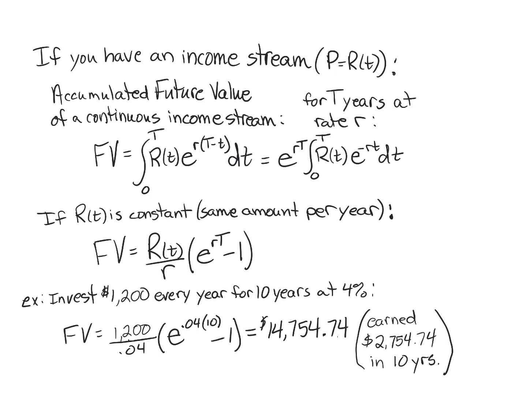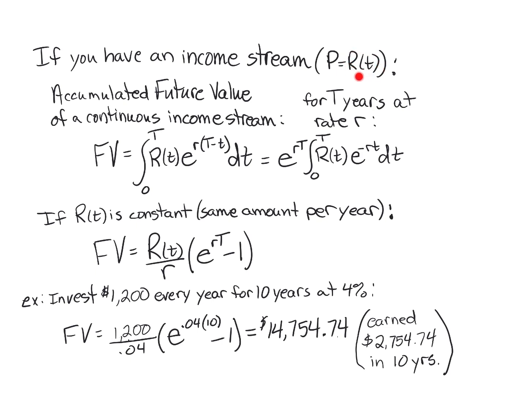The book that we're using, all of the examples and the homework problems are based on a constant deposit that's made each year. They are calling this principal the function r of t.